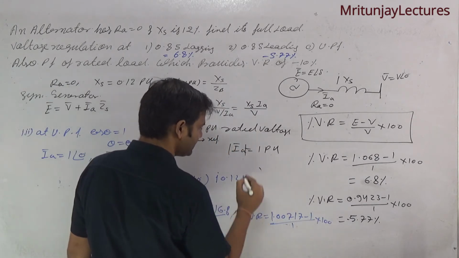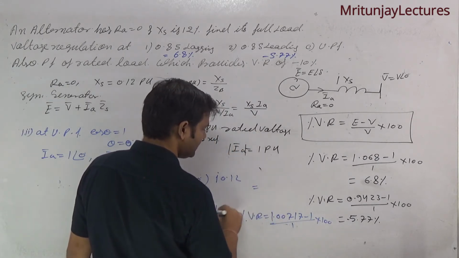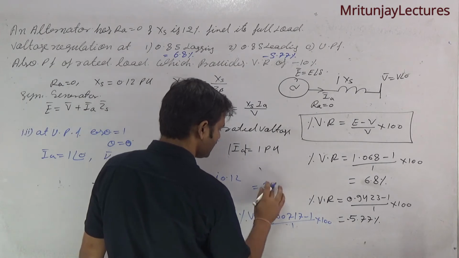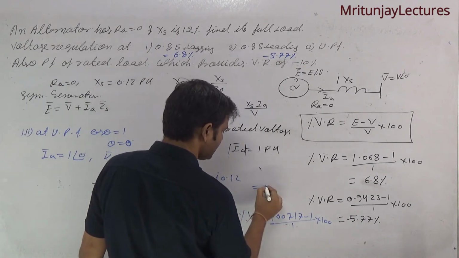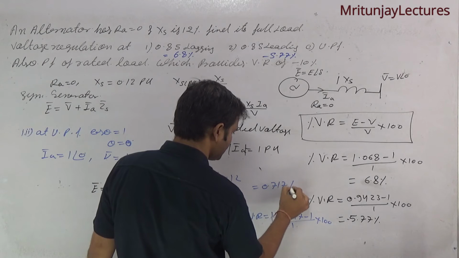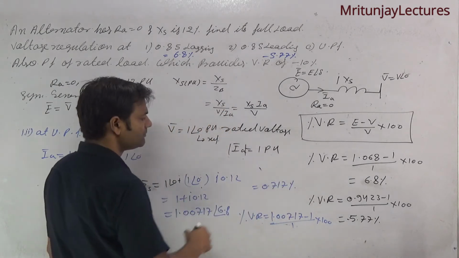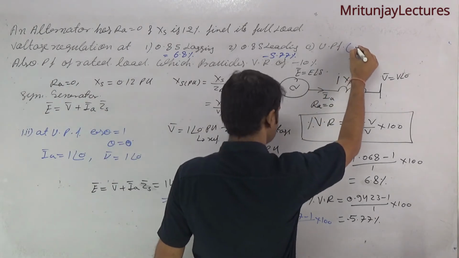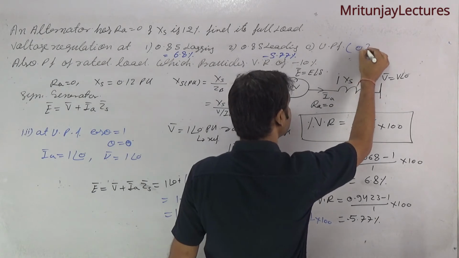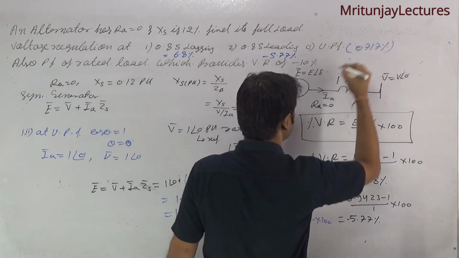Percentage voltage regulation we got is 0.717%. Voltage regulation is 0.717%. Okay.